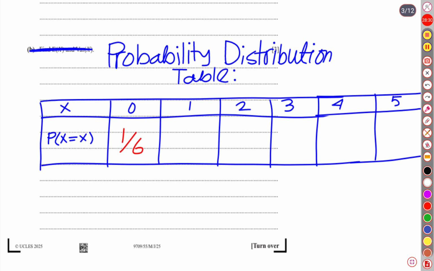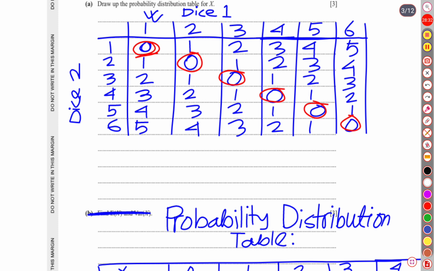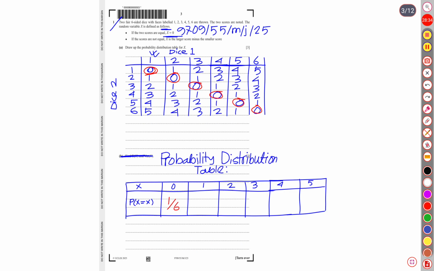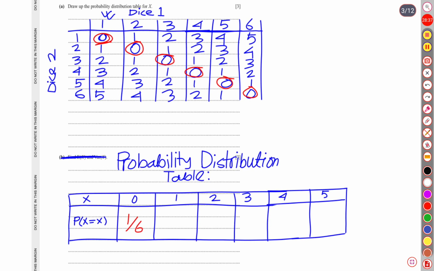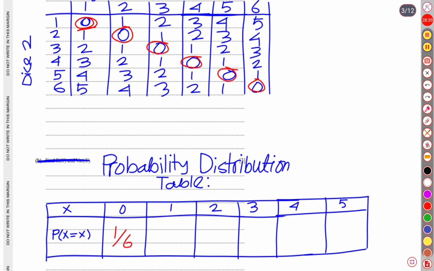Let us count the ones. Number of ones is 1, 2, 3, 4, 5, 6, 7, 8, 9. So it is 9 over 36. That means 1 over 4.